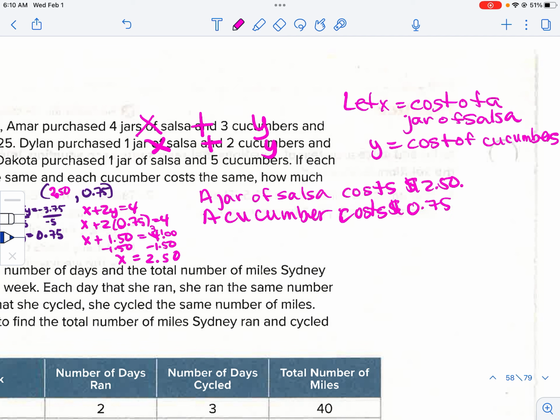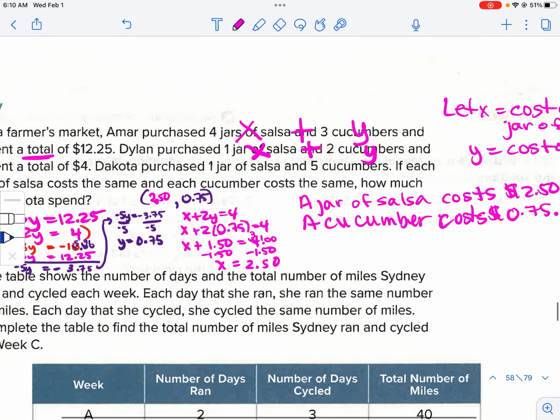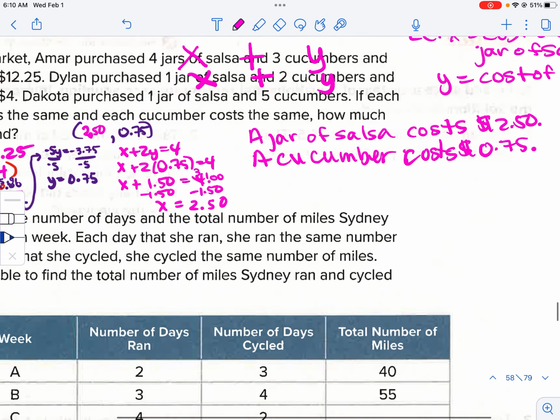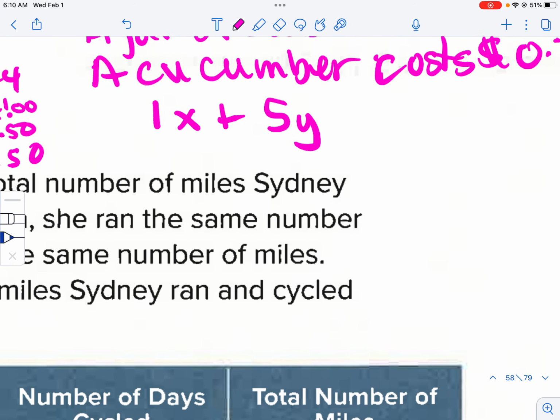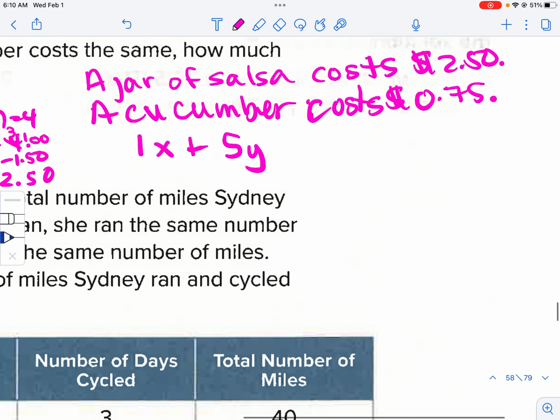But that's not what it's asking for. It wants to know how much Dakota is going to spend. So Dakota bought 1 jar of salsa plus 5 cucumbers. So we're going to find her total cost, or his total cost. I don't know if it's a boy or a girl.